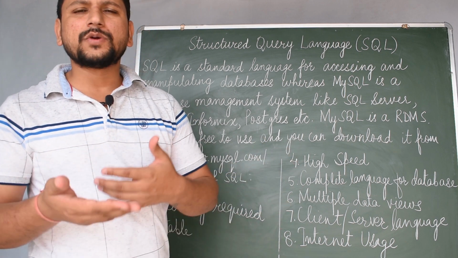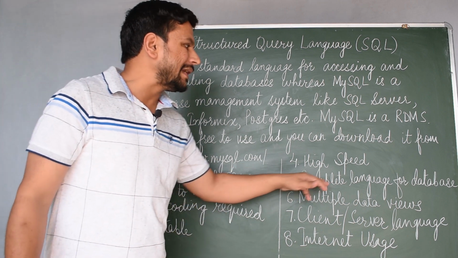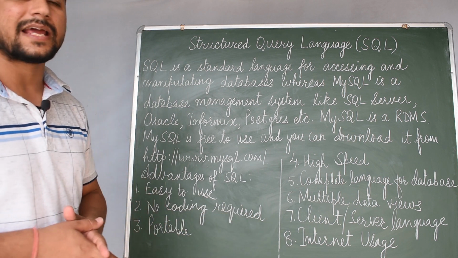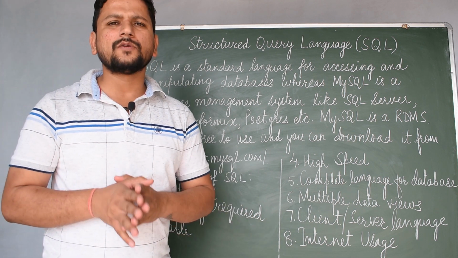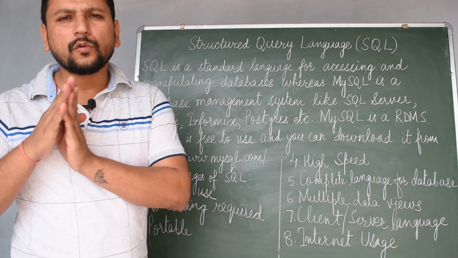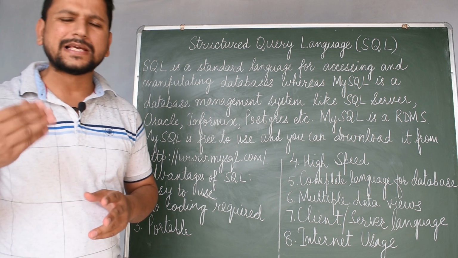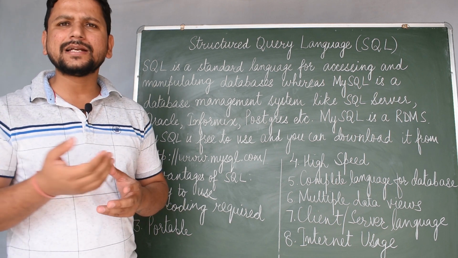We can get the information and the results very fast. Fifth, we have a complete language for database. Why is it known as a complete language for database? Because while we are communicating with any database, we have to insert values, update values, and delete values.